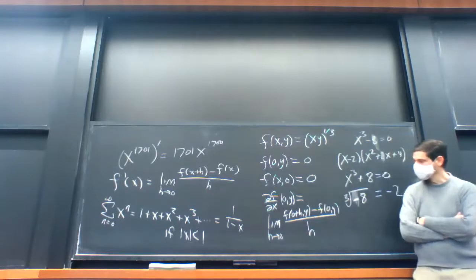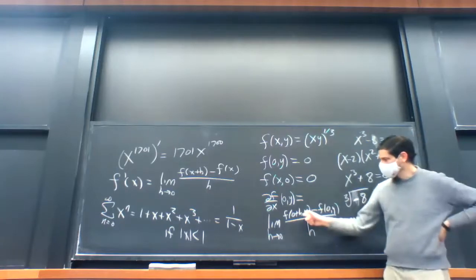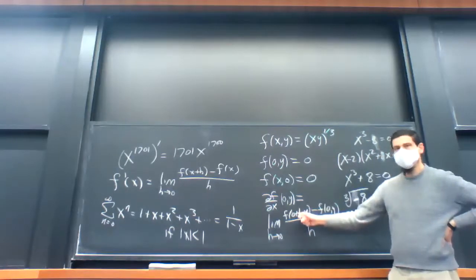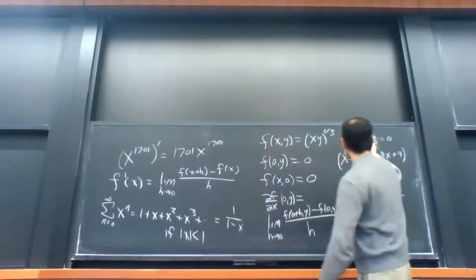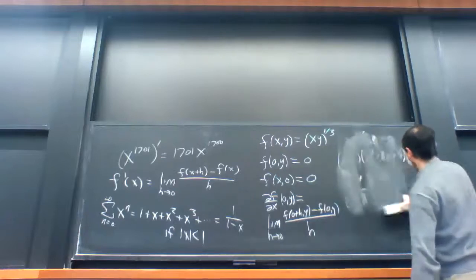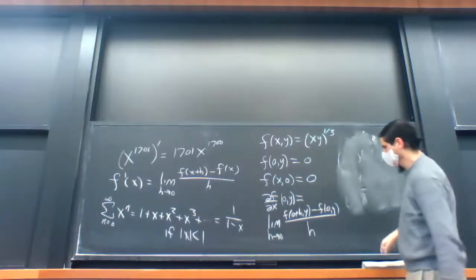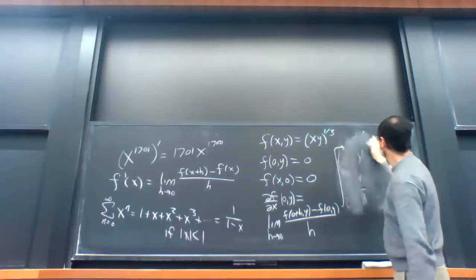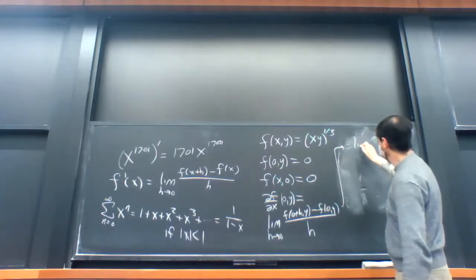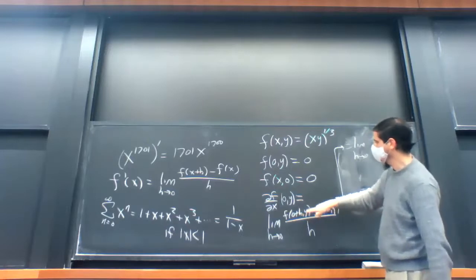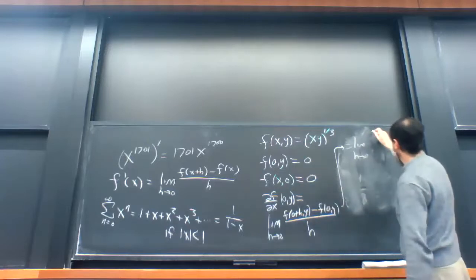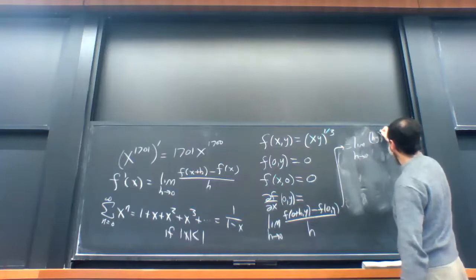And let's see that's always going to be 0. So what happens if I put in 0 plus h? I will get that this is equal to the limit as h goes to 0. 0 plus hy, I'm going to get hy to the 1/3.